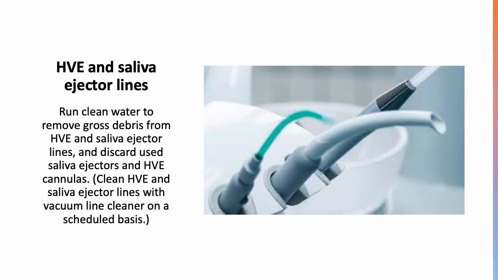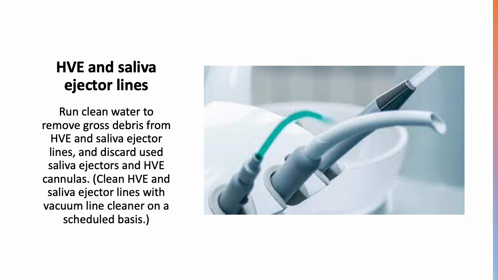How to clean the high volume ejector and saliva ejector lines. You could do that by running clear water through the lines to remove the gross debris. And don't forget to discard the tip if they are single use. Also, you can clean the high volume ejector and the saliva ejector lines with vacuum line cleaner on a scheduled basis.